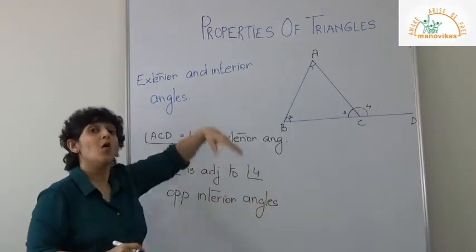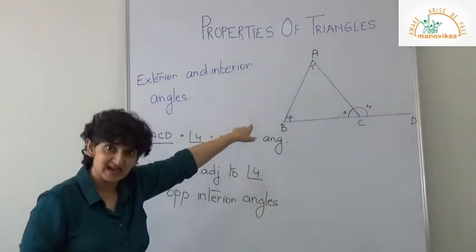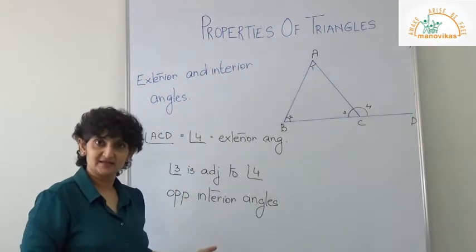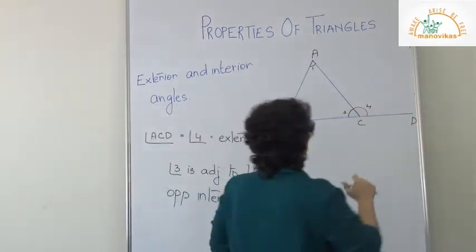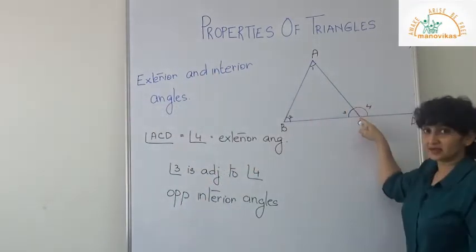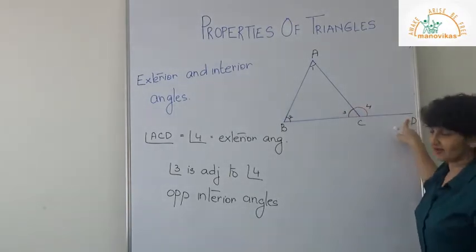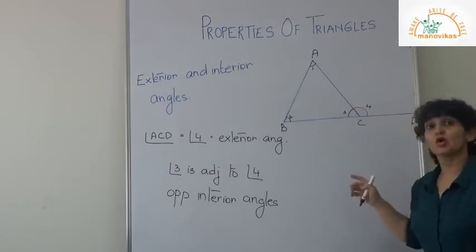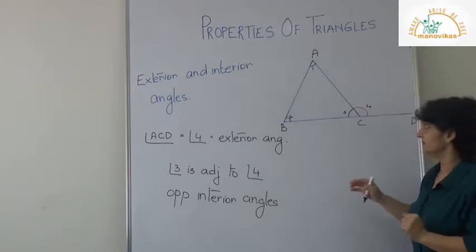They are called opposite but they are inside. So when you have a triangle which is extended, angle ACD is your exterior angle.